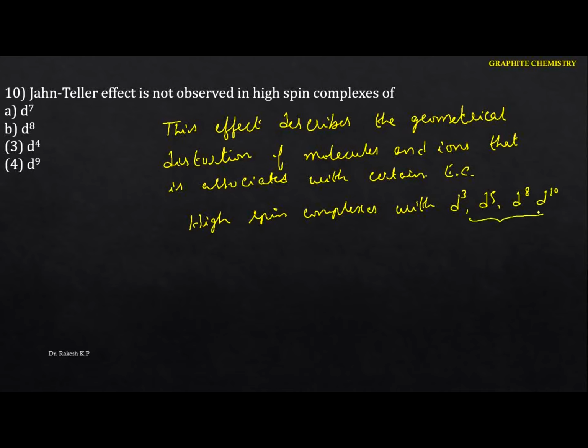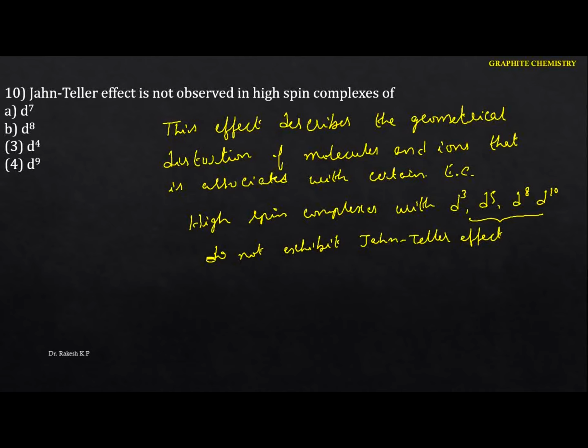Especially you have to remember this one. High spin complexes like d3, d5, d8, and d9 electrons do not exhibit the Jahn-Teller effect. This is very important.